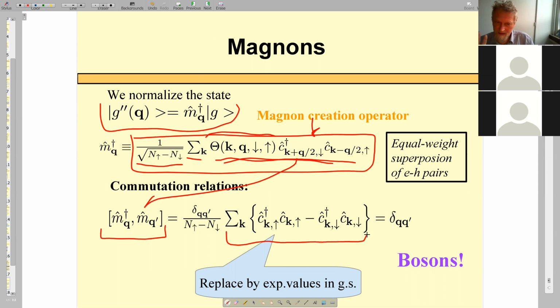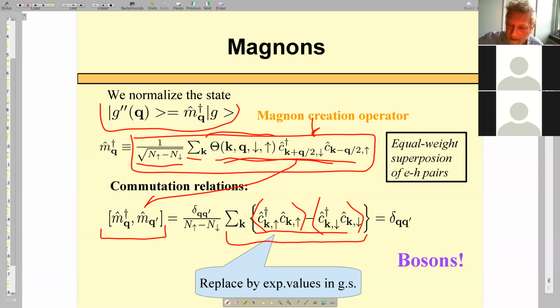Well, it is still an operator, which presumes that perhaps I didn't get a very exact expression for the magnon operator. Perhaps I have some small mistake somewhere, but this mistake is small because if I replace these operators by their expectation values in the ground state, which means I consider magnons only close to the ground state, I just got one.